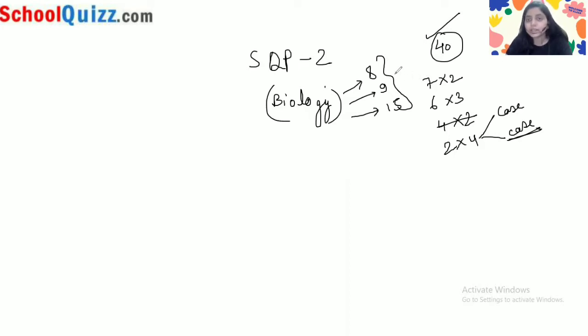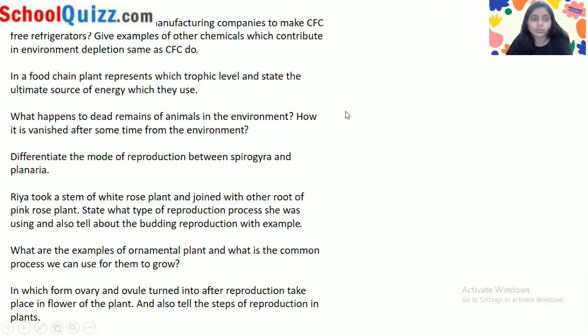You can see whether you answer a question in a proper manner or not, and it will give you a base for how to write an answer in your exam. So let's start from question number 1, which is of 2 marks. This is sample question paper second.